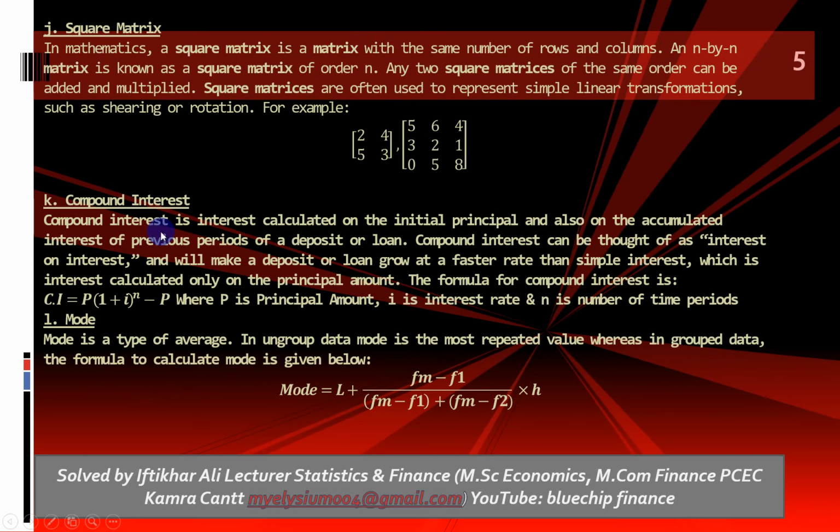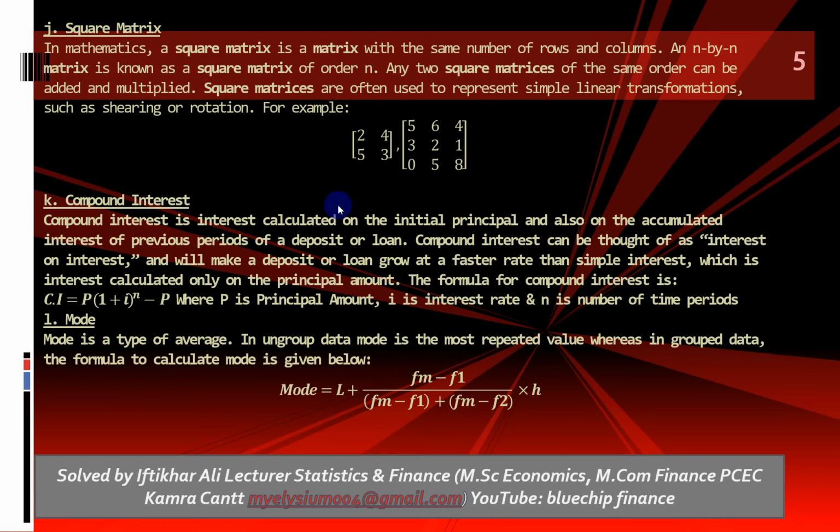Compound interest. We already discussed compound interest in the previous paper. It is also a topic of time value of money. In compound interest, there is only one deposit or one receipt. There are no multiple deposits and no multiple receipts in this case.